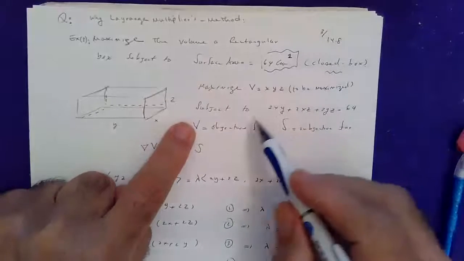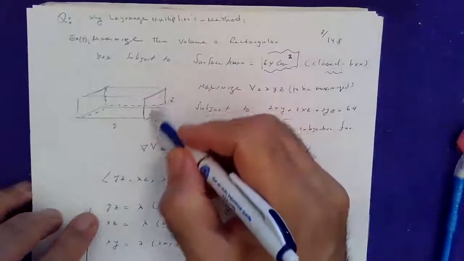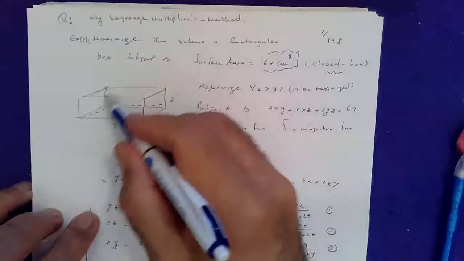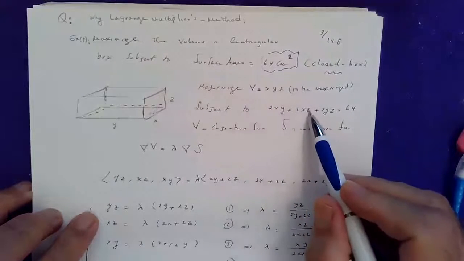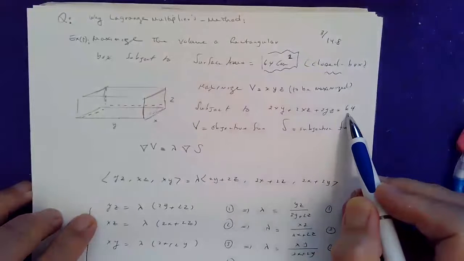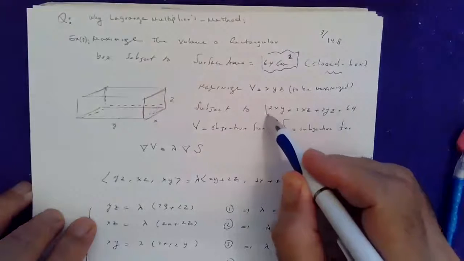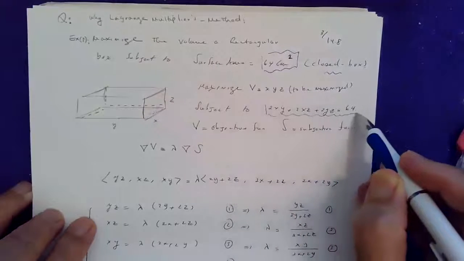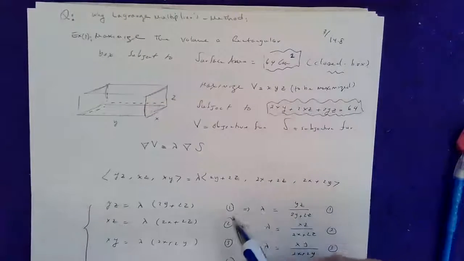How do you find the surface area? You have to find the area of these 6 sides, which happens to be 2xy plus 2xz plus 2yz equals 64. So notice I have a multivariable function, and z is all over the place.